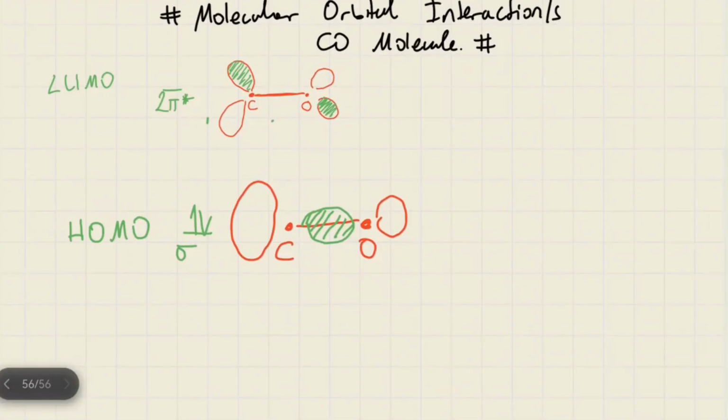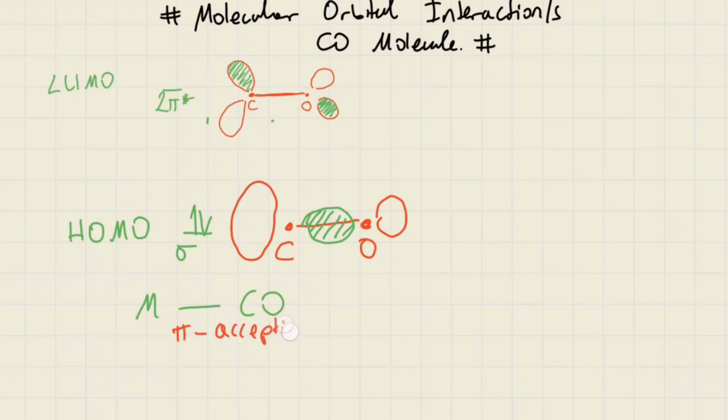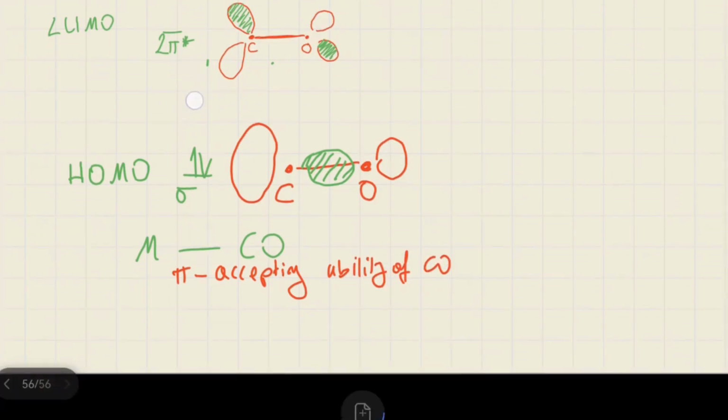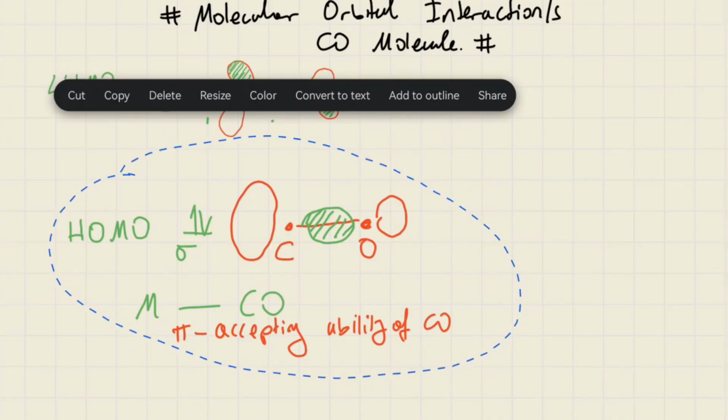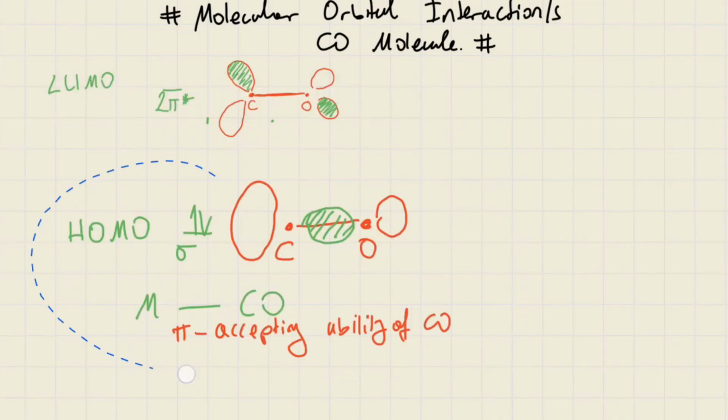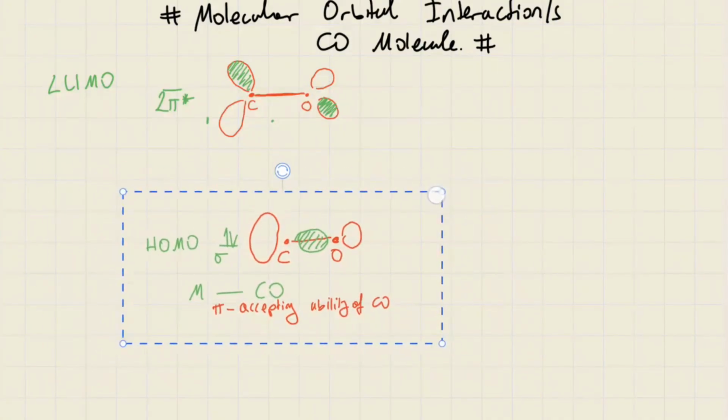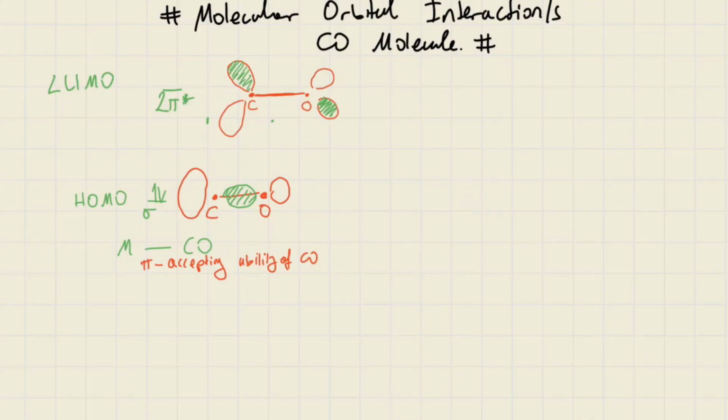And what is the interaction between the metal center and the CO molecule? There might be two different interactions. In the first case, I want to talk about the pi accepting ability of CO. I will put it here, and I will draw the metal orbitals.